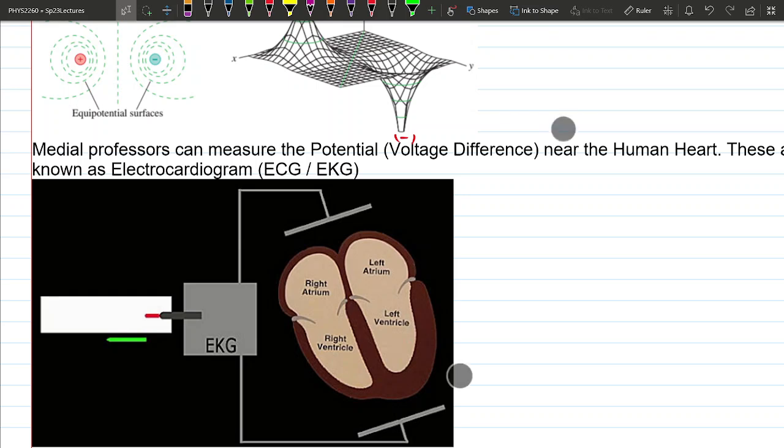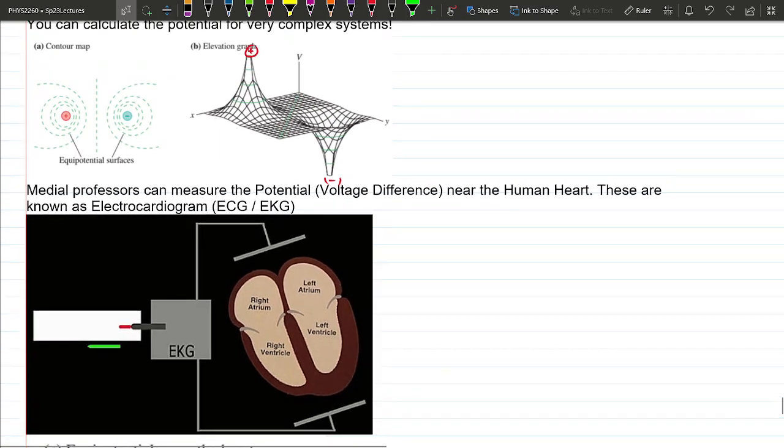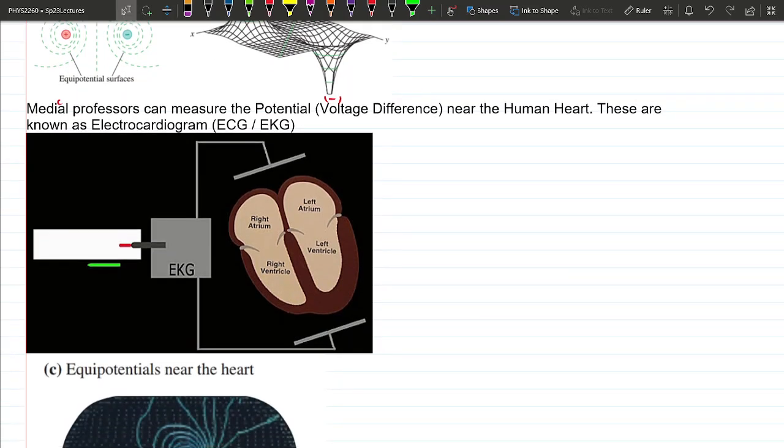One of the things that a medical professional can measure is this thing called ECG, the electrocardiogram, or EKG, depending on which country you're from. I think in Germany cardio starts with a K, that's why they call it EKG.